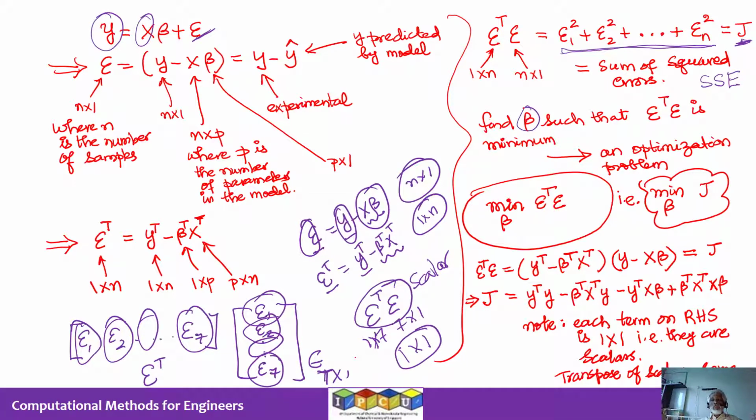So the problem is to find a beta, to find out values of A0 and A1 in this example, such that epsilon transpose epsilon, that is J, becomes minimum. This is an optimization problem. So find the optimal value of beta such that J equals epsilon transpose epsilon is the smallest.